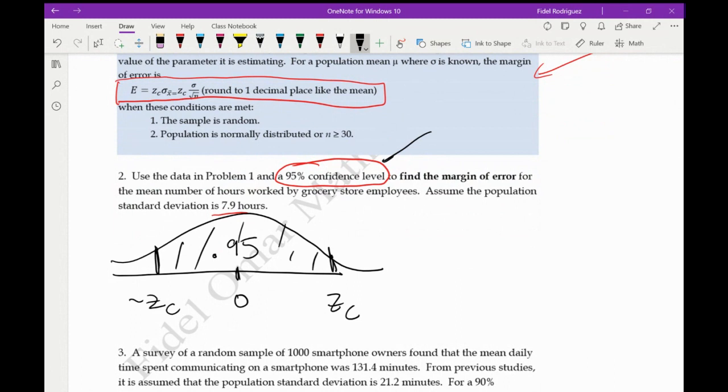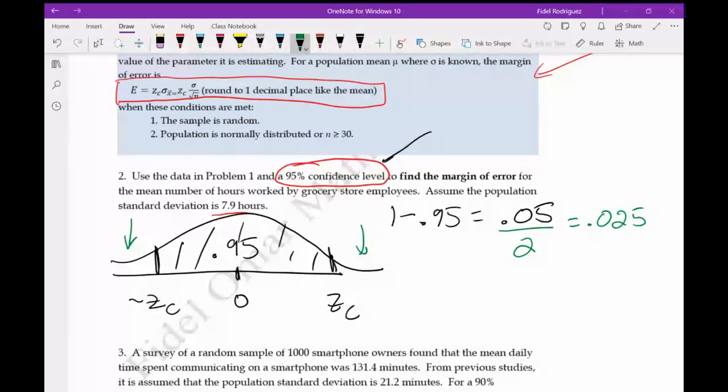So if I want to figure out how much area I still have left, I'm going to go 1 minus 0.95. That gives me 0.05. That 0.05 needs to be divided amongst those two portions. So if I take this and divide it by 2, I'm coming up with 0.025.